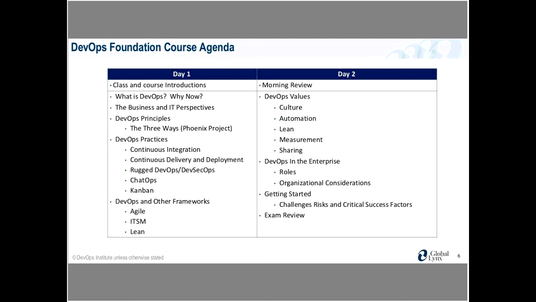Then the last day, we're going to cover the last 3 of the DevOps values. They're relatively small sections. So we'll recognize that Lean is one of the DevOps values.